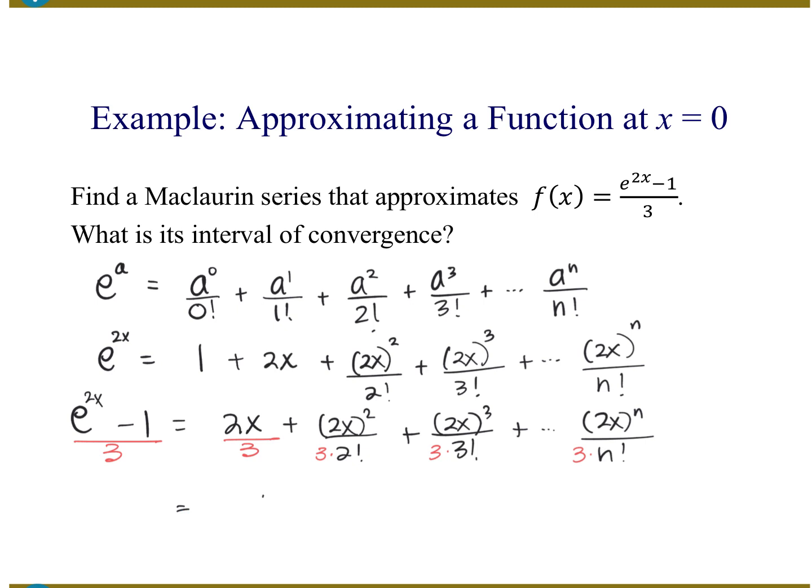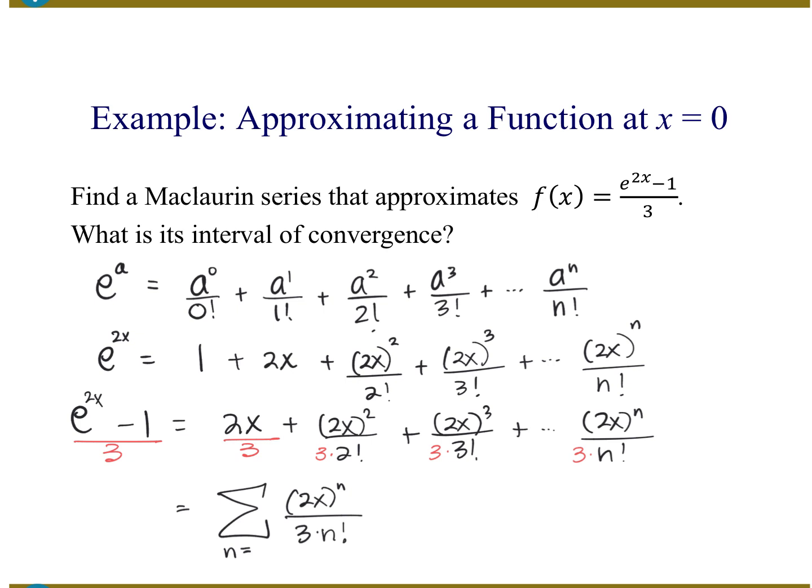So to summarize, I will now have 2x to the n over 3 times n factorial, as long as n starts with... Now watch, be careful with what you want your n to start with, because you need to make sure that the first term turns out to be what you say it's going to be.